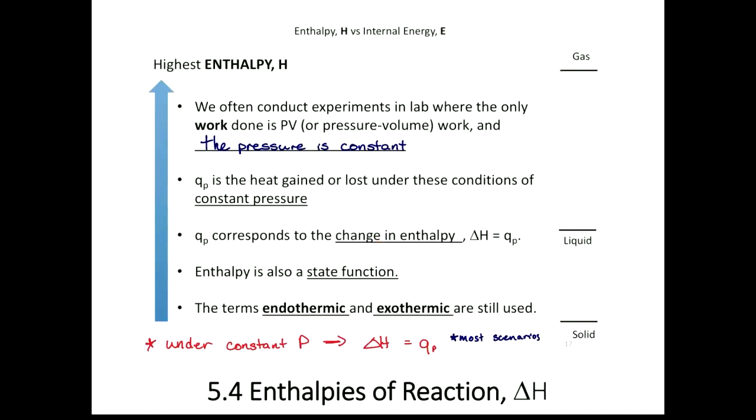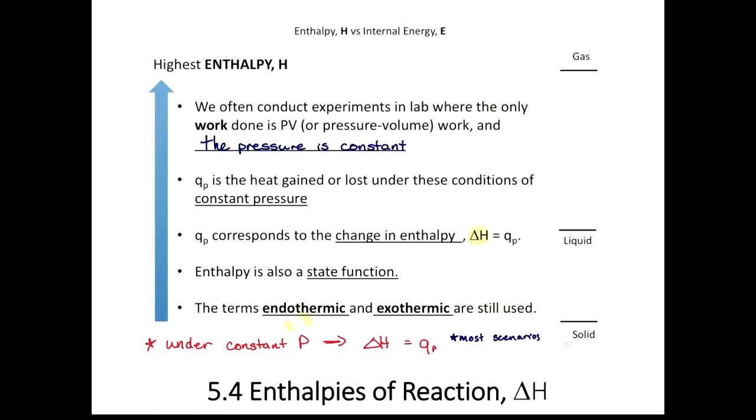All right, so from here on out, we'll talk about the idea of changes in enthalpy, delta H, and that is directly related to the amount of heat that is gained or lost in chemical reactions. So the idea of the sign of Q, positive or negative, exo or endothermic, still applies to delta H in this example as well.